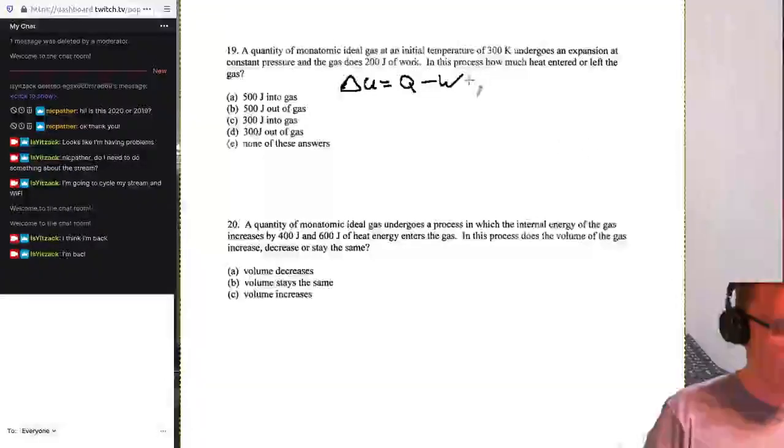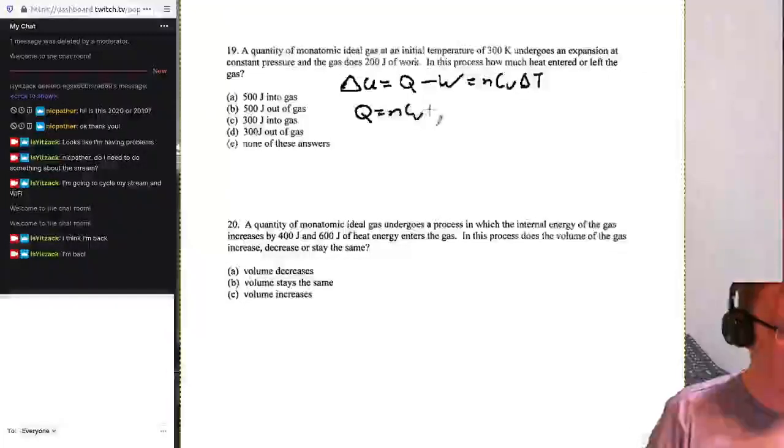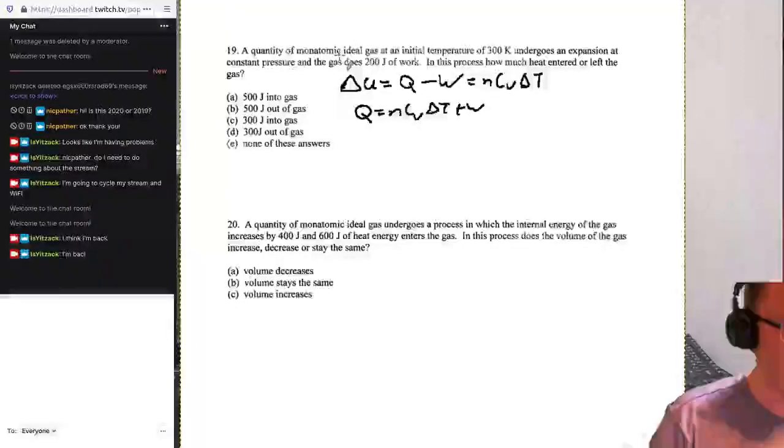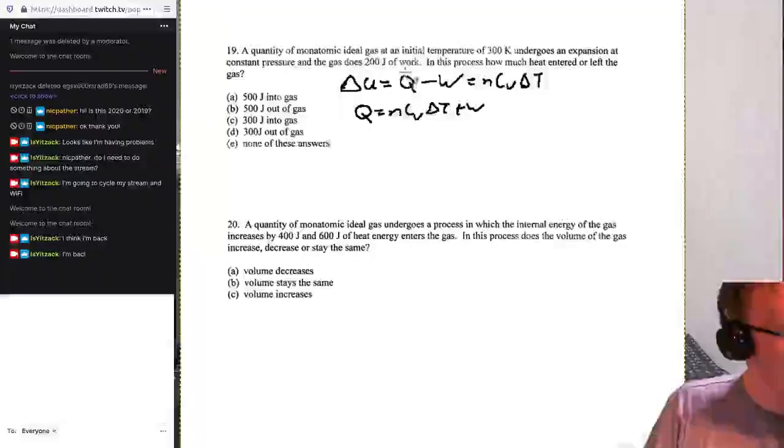Delta U is equal to nCV delta T. Q is therefore equal to nCV delta T plus work. We have the work, the change in temperature, and the quantity.